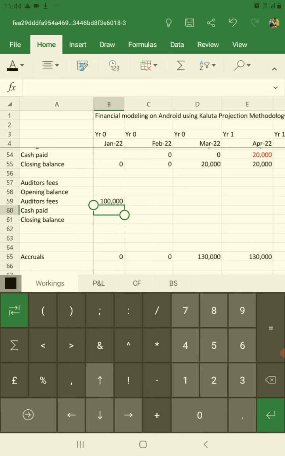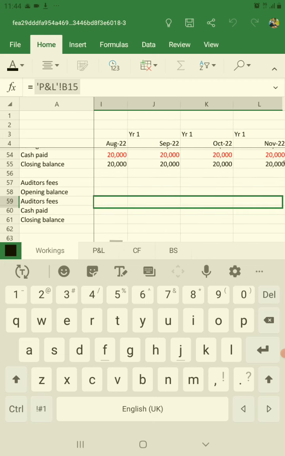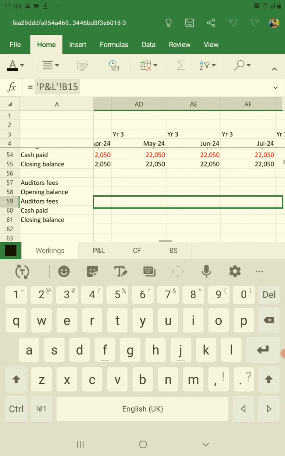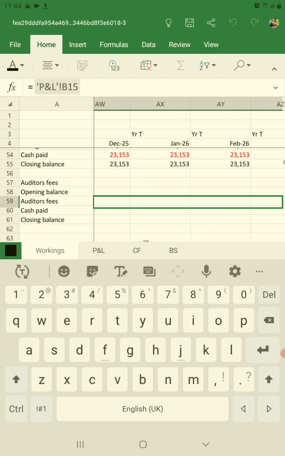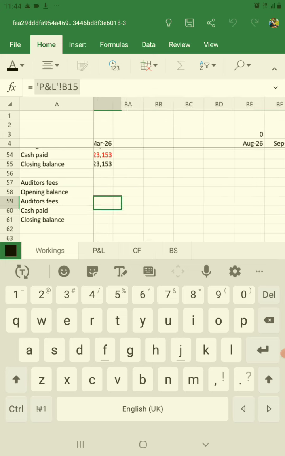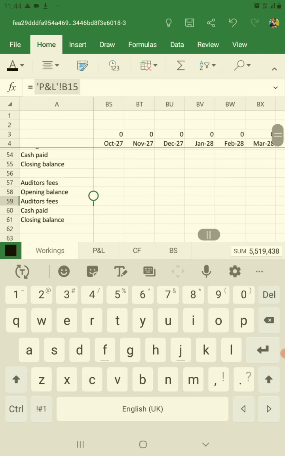So I put enter here and then fill this formula to the rest of our projection period.